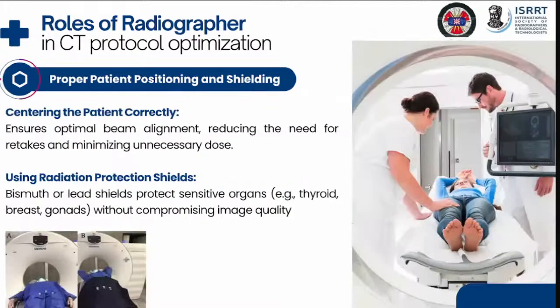Okay. And then another part of the roles of radiographers in CT protocol optimization is proper patient positioning and shielding. So centering the patient correctly ensures optimal beam alignment, reducing the need for retakes and minimizing unnecessary dose. Because if we don't carefully position the patient correctly, definitely it leads to retakes or repeats, as we call it.